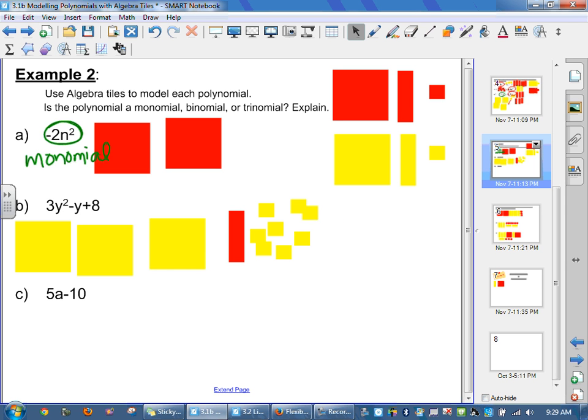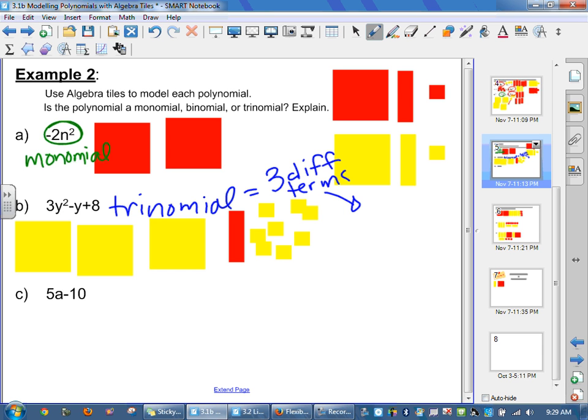That means it's 3 terms. So this guy's a trinomial. There's 3 different terms, which means 3 different sizes of my object. Okay? Different sizes of the object. You got big long sticks, you got big boxes, and then you get small baby squares.